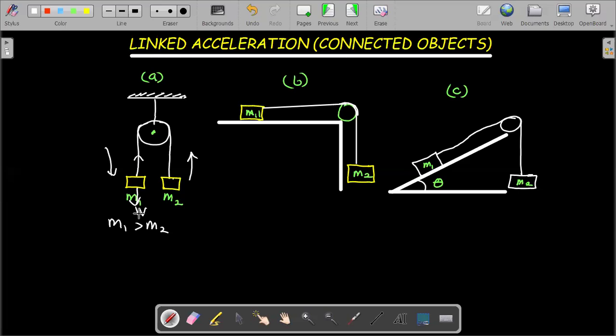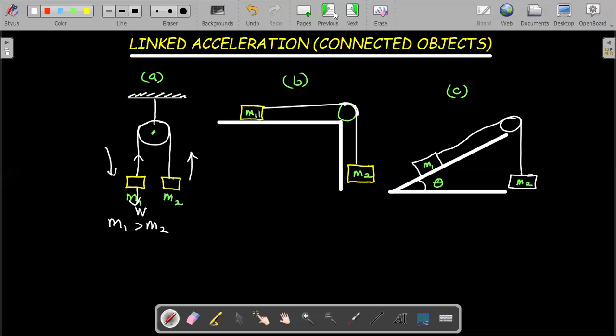So if this weight is 20 Newton, then we will experience a tension of about 20 Newton in this rope, assuming there is no mass M2 present. So the idea of tension means the pulling force that is transmitted through a particular string.